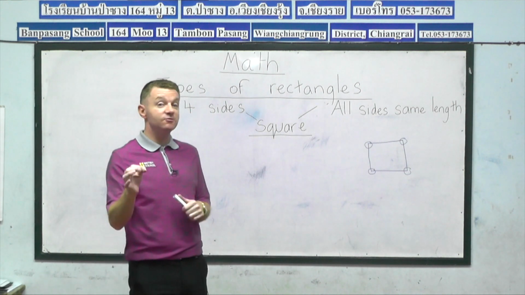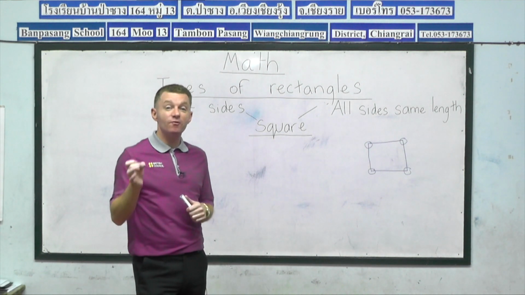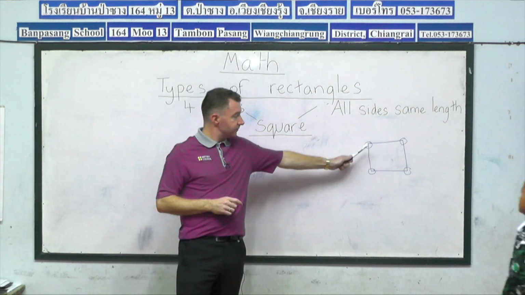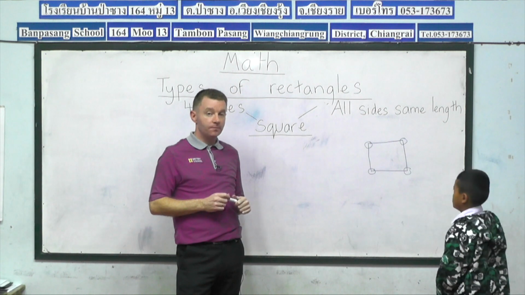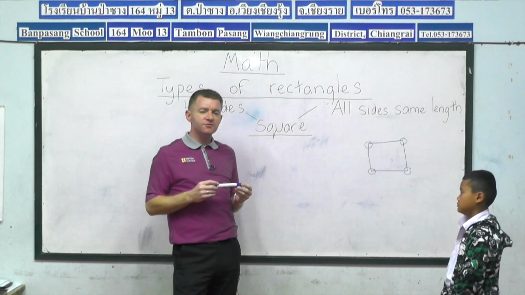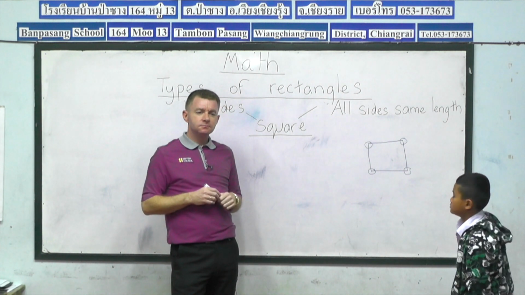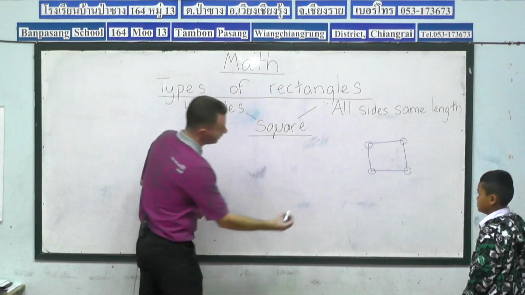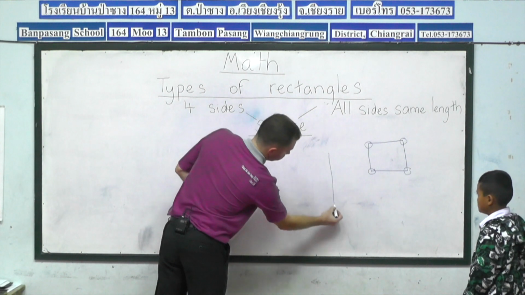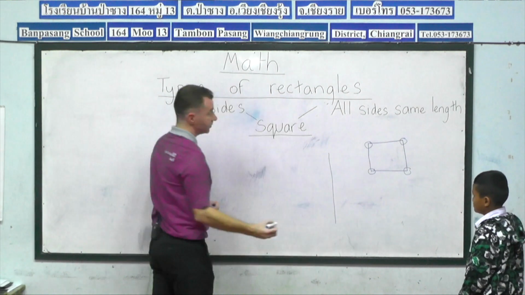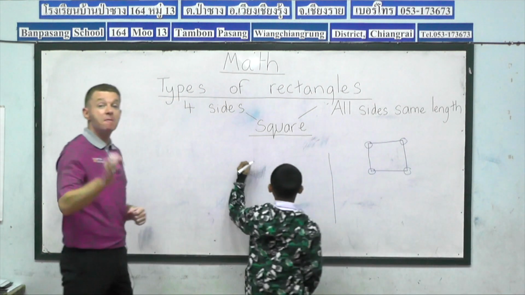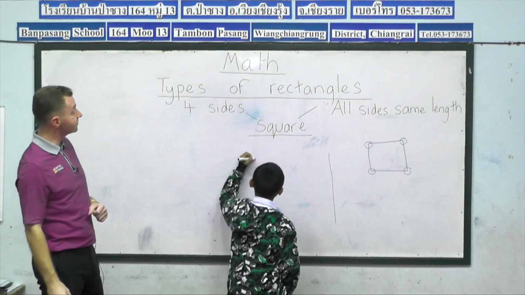And now demonstrate how to draw a different size square. So here we can see the square that Lakau helped me to draw. Do all squares have to be of the same size, guys? No, they can be bigger or they can be smaller. So for example, if I draw one side of a square here, I will now ask Chu to draw the parallel side of a square, remembering all sides are of the same length.